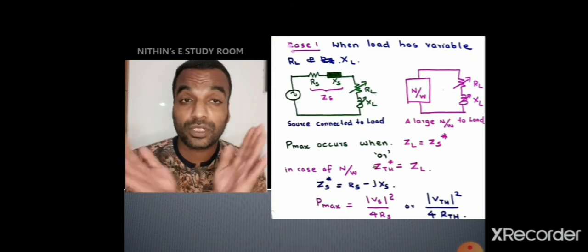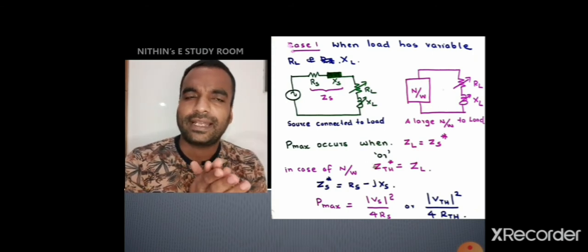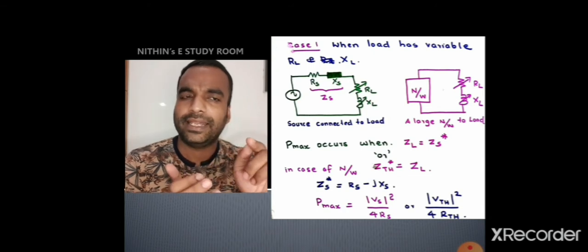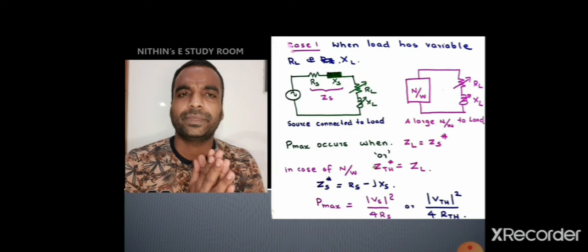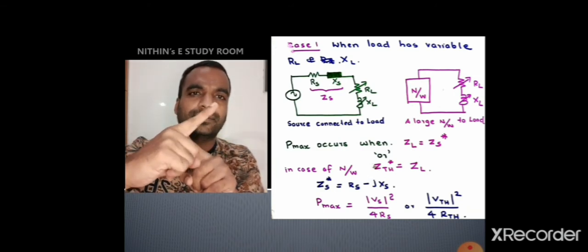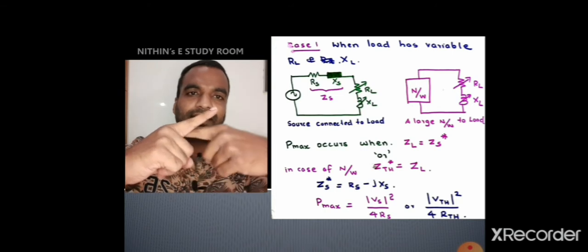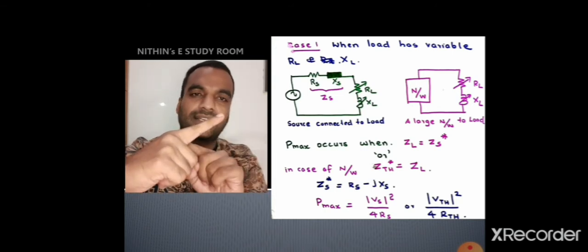This is an important point. While calculating in the calculator, you may get the answer in polar form like 100 angle 10. It's a polar form. What is the meaning? A vector 100 is moving for angle 10. Here it is the x-axis, here it is the y-axis. This is 100 angle 10.